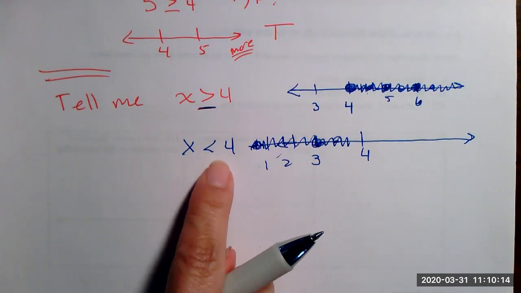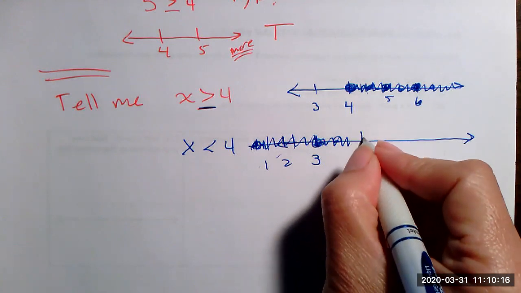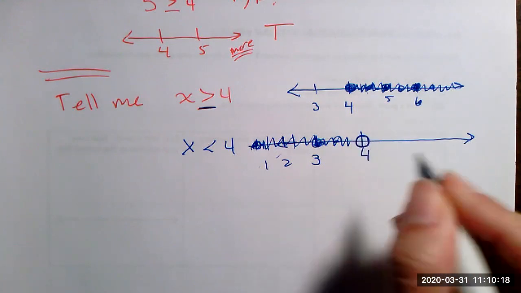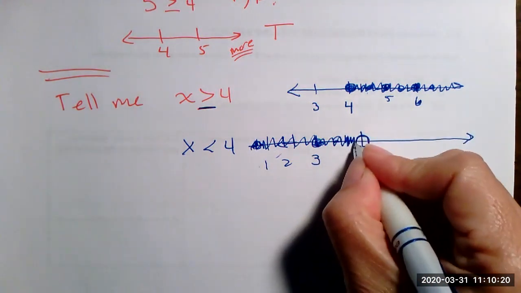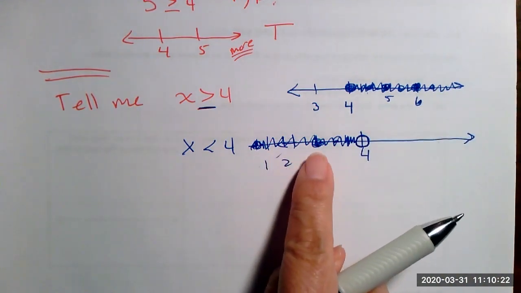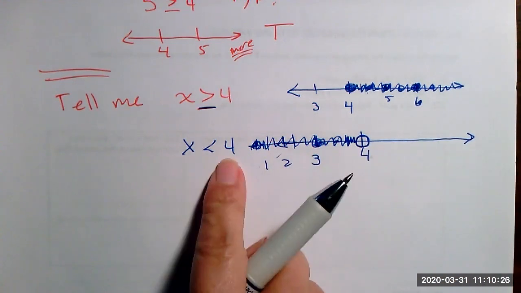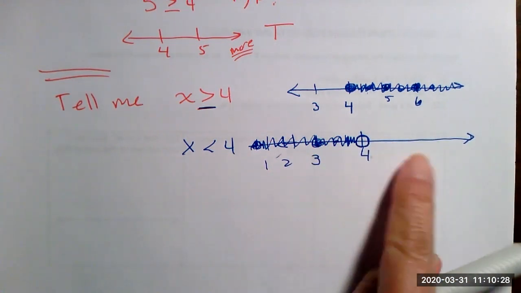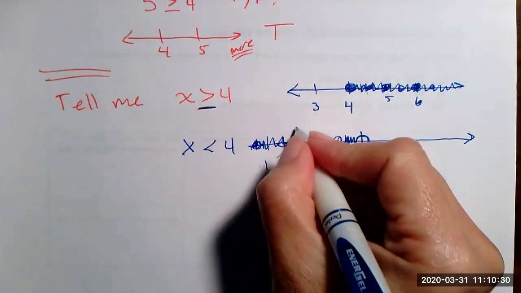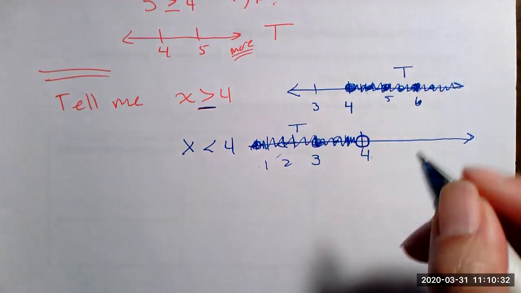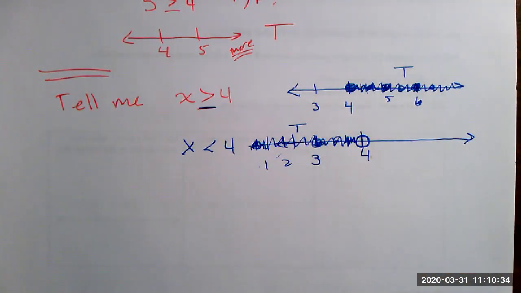No, 4 is equal to 4. So the way I represent this boundary line is I want to put a little open circle here, and that means I'm going to consider all of my answers all the way up to 4. Is 5 less than 4? No, that's why nothing gets shaded here. So these are all the things that make it true, and on the other side are all the things that are false.